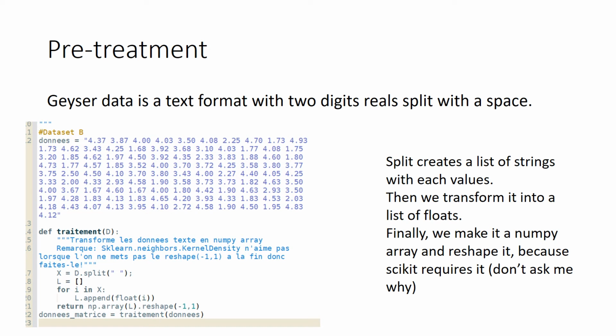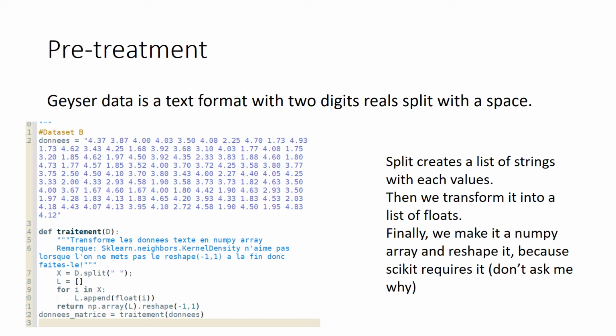So to do that, we just use a quick treatment function that will split the long character string into a list of strings, and then we turn it into floats, and finally we turn it into a NumPy array, and this NumPy array is then reshaped to fit the requirements for the later algorithm.